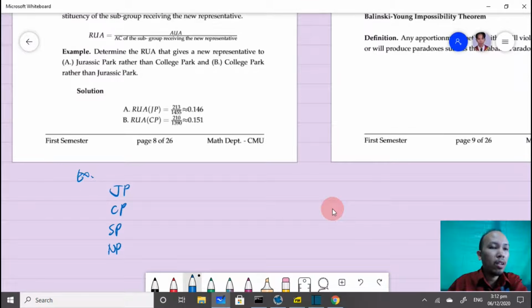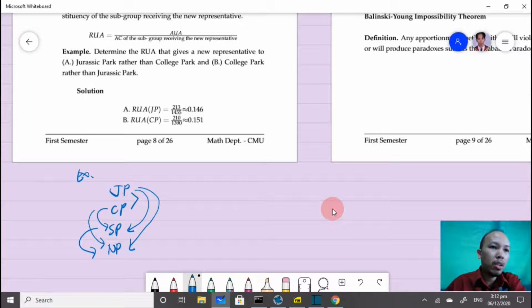Just compute how many computations. Compute JP and CP, then JP and SP, and then JP and NP, then CP and SP, then CP and NP, and then finally SP and NP.